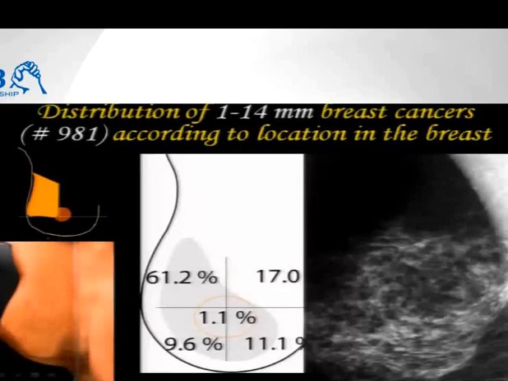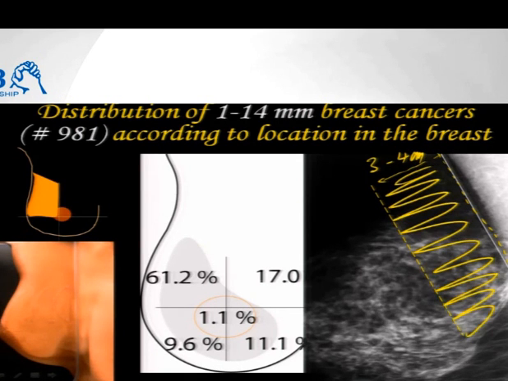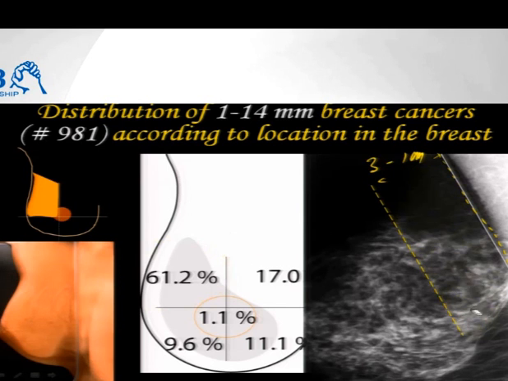Yes, but the technologist was kind enough to turn the patient and squeeze the breast. Where is the upper outer quadrant? Dear colleagues, this is important: the upper outer quadrant is between these two lines. You draw a line along the pectoralis major muscle, and then you draw another line about 3-4 centimeters from there, and this is the upper outer quadrant where you're going to find most of the breast cancers.